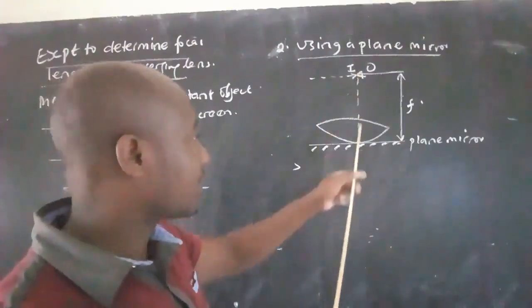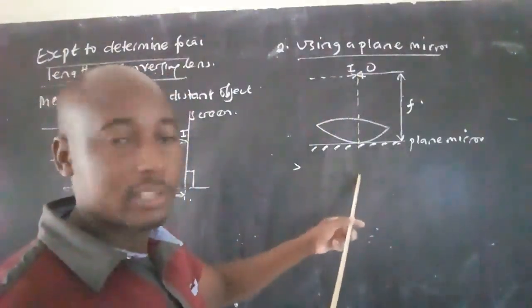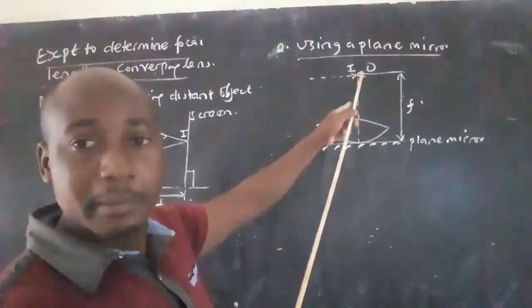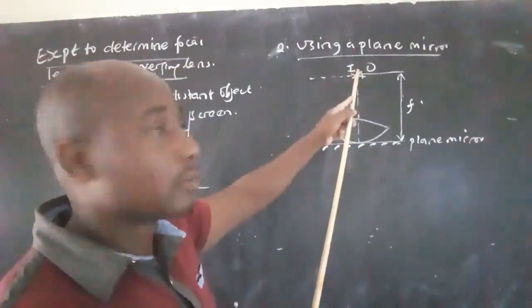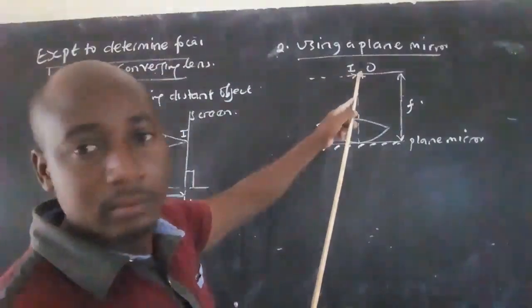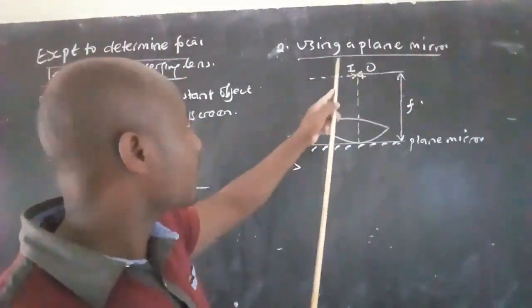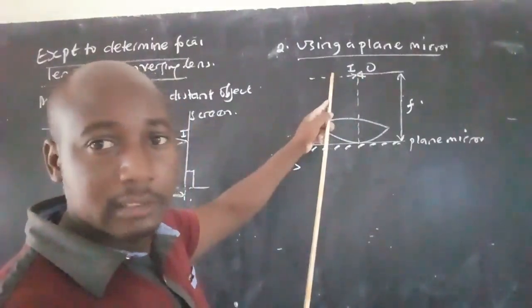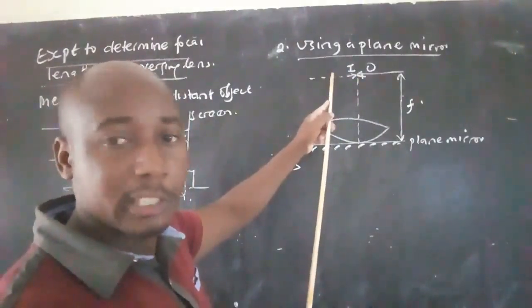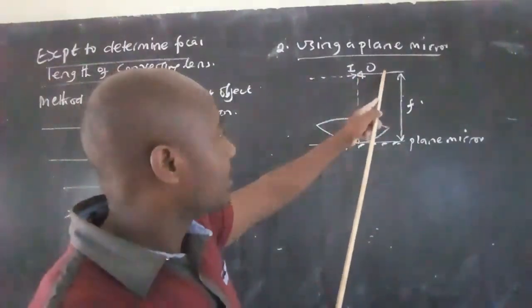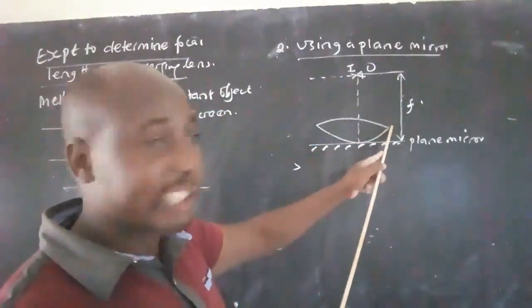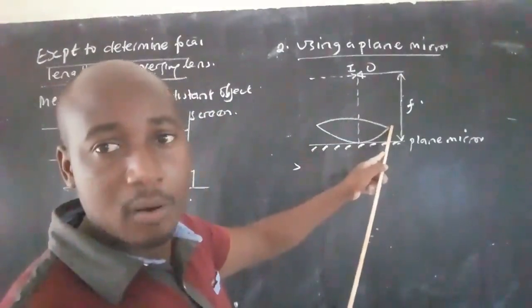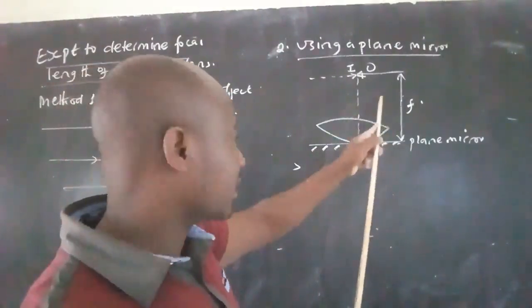Next, the object pin is moved up and down until it coincides with its own image. The distance from the pin to the lens or the plane mirror is measured and recorded, and this is the focal length of the lens.